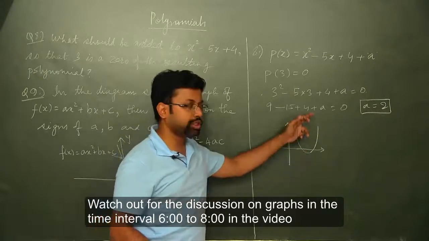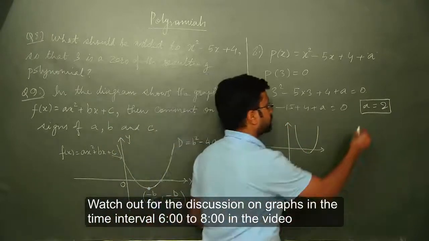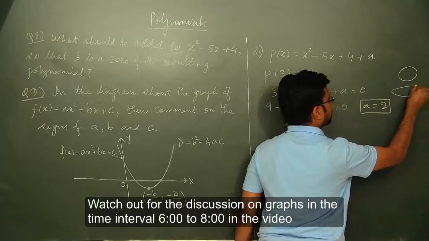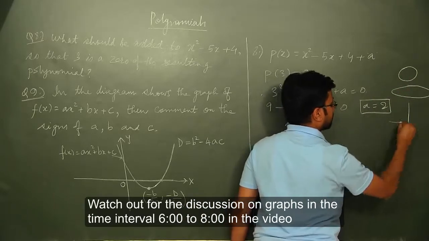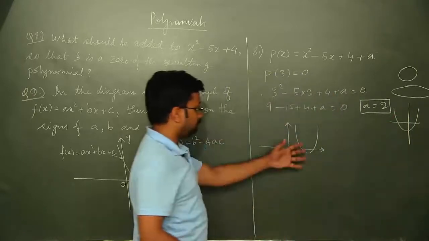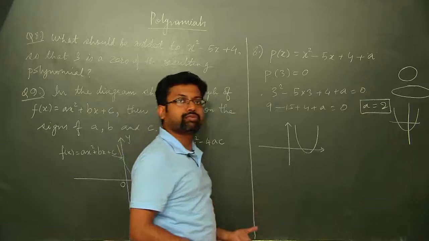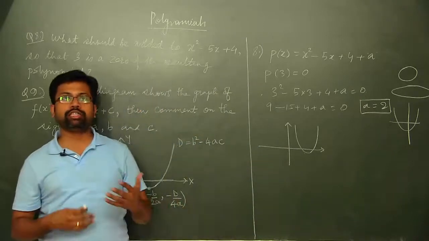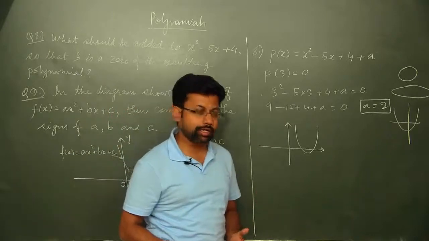The U shape is a parabola, just like this is a circle, this is an ellipse, this is a parabola. So in all cases for a quadratic polynomial, the graph is going to be a parabola, just like for a linear polynomial, it's always going to be a straight line.